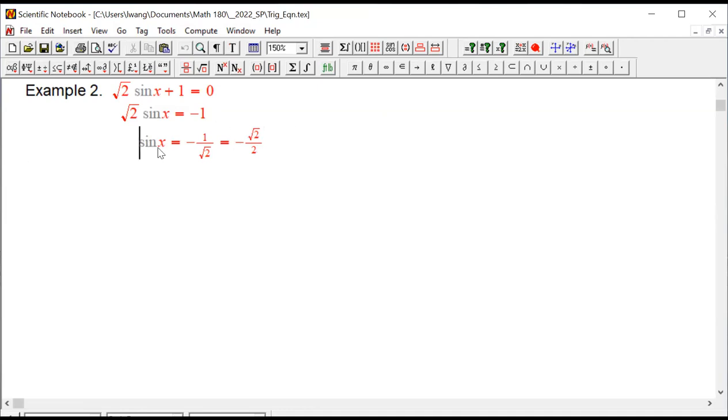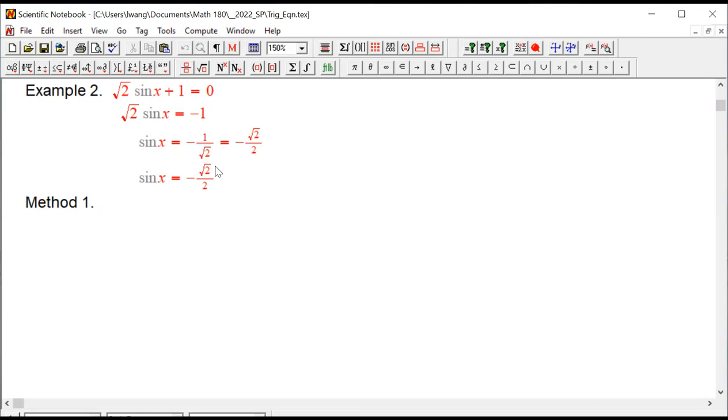And how do we solve this simple trig equation? We can use the unit circle, or we can use the graph. We're very familiar with the sine curve. So let's mention this method, method 1, the function method.